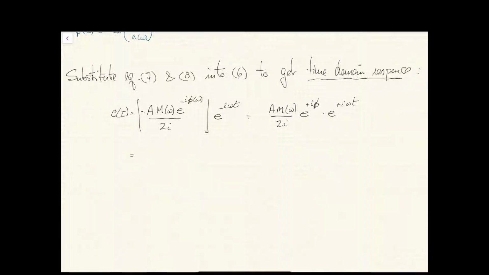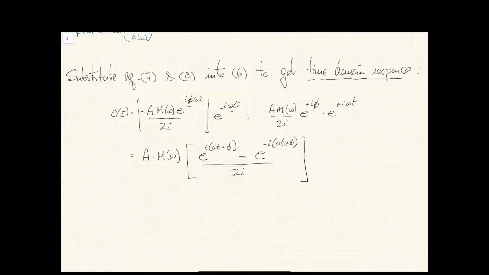And now I'm going to pull out some of the common factors, starting with a, the amplitude of my input, times m omega, which is the amplification factor of my response, as we talked about before. And what I'm left with are e to the I omega t plus phi minus e to the minus I omega t plus phi, all that divided by 2I.